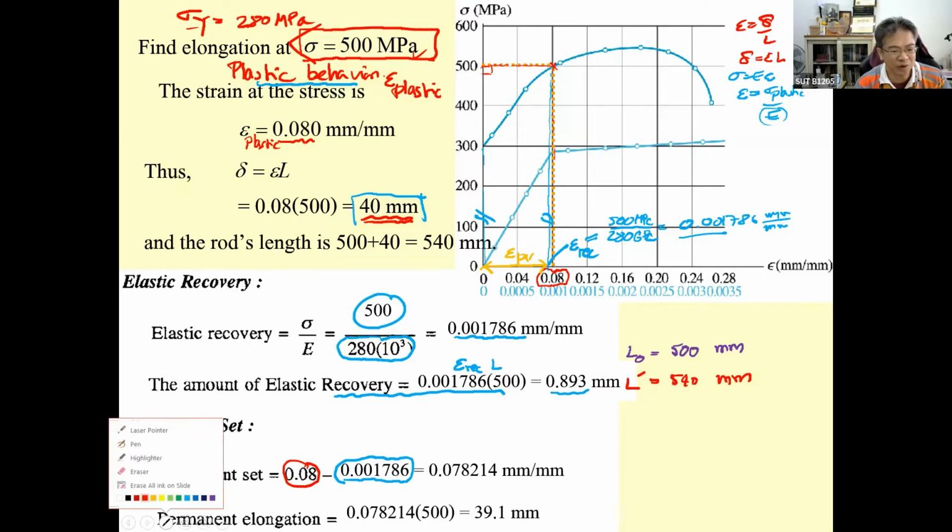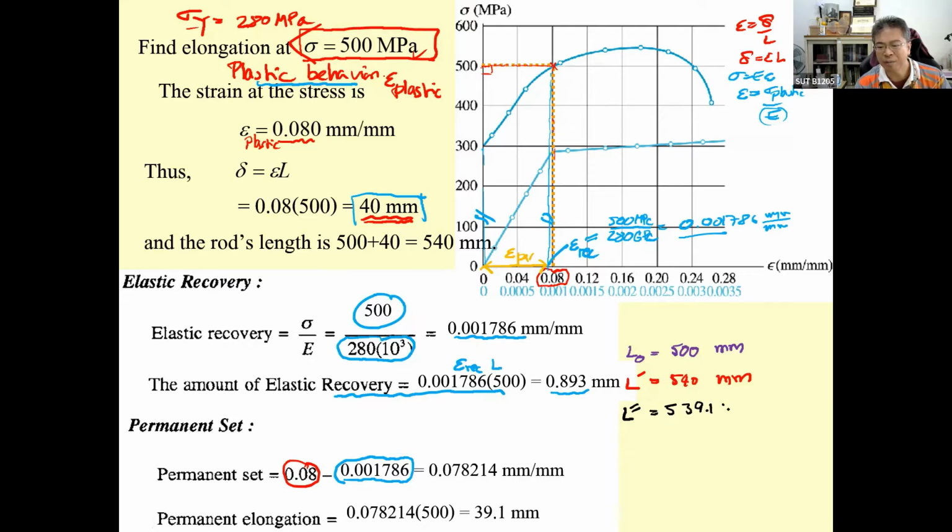When you release the force, the permanent length is 539.1 millimeter. That is the last example for our chapter 3.